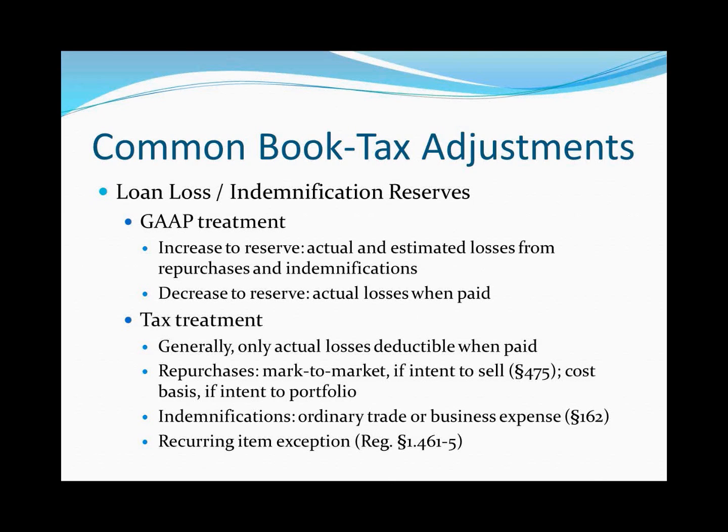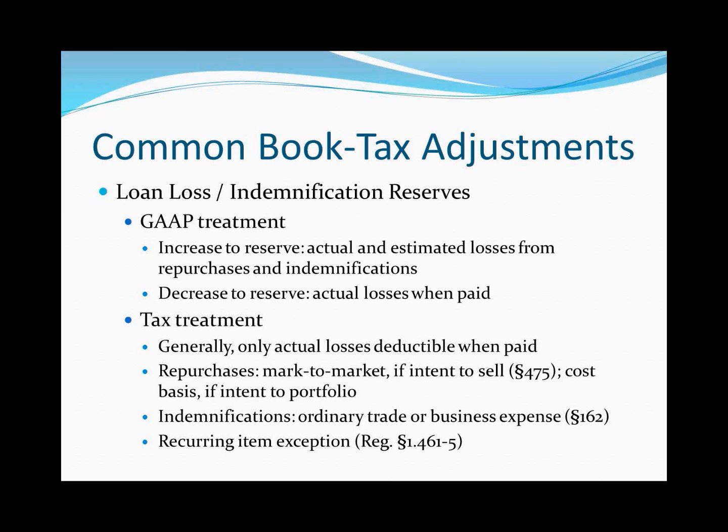So we generally reverse out the change in the loan loss or indemnification reserve. By reversing out that change, we're reversing out any estimated losses that are increasing that reserve, but we're taking a deduction for the actual losses that were paid during the year. So that's the general treatment.